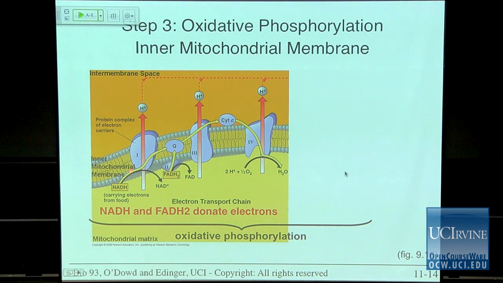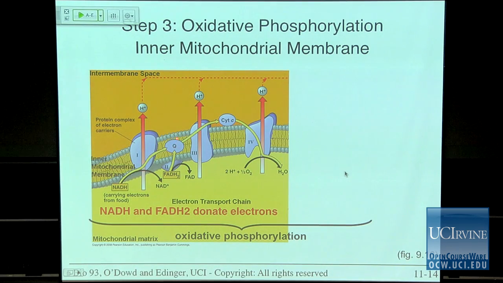NADH donates to this first protein, and this protein takes the electron, transfers it to a slightly lower energy state, and the energy that's harvested is used to change the conformation of this protein, and that pumps hydrogen ions from the matrix up into the intermembrane space.